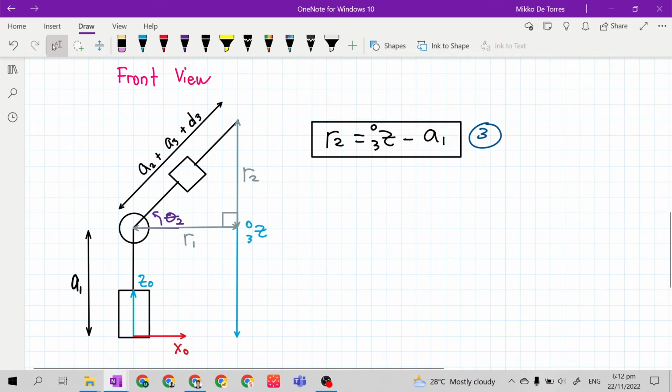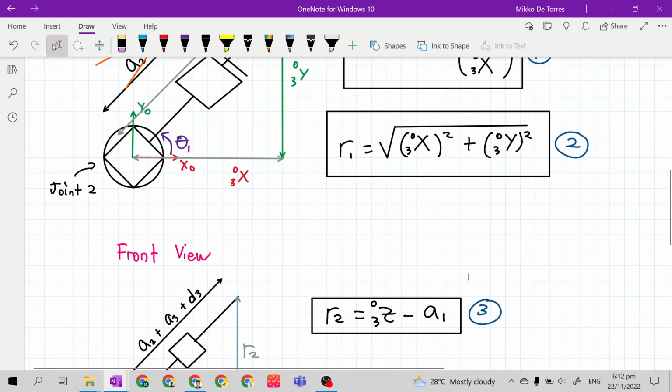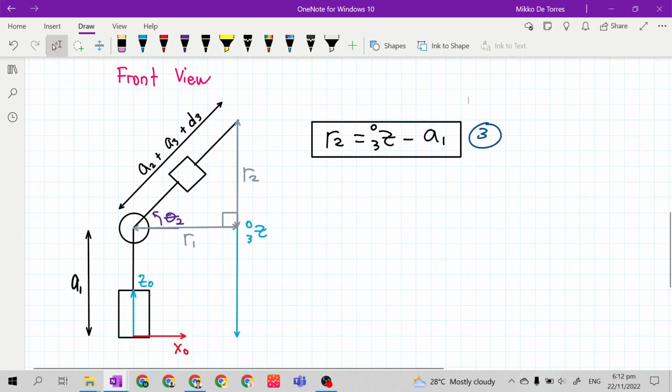Okay. Next. Now we have the value for R sub 1 and R sub 2. It is also safe to say that we can now find theta 2 using also the formula of tangent.